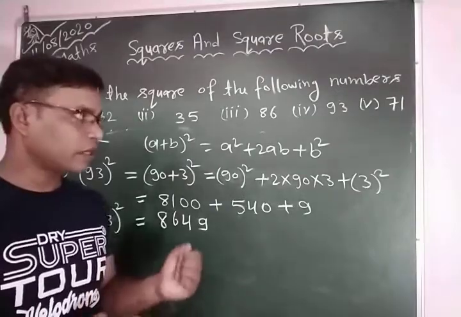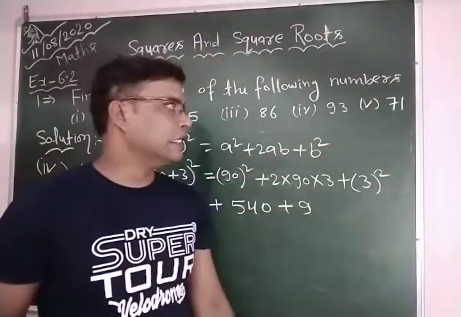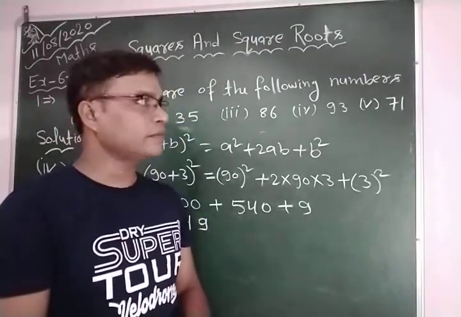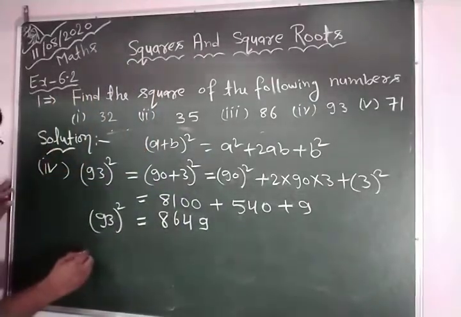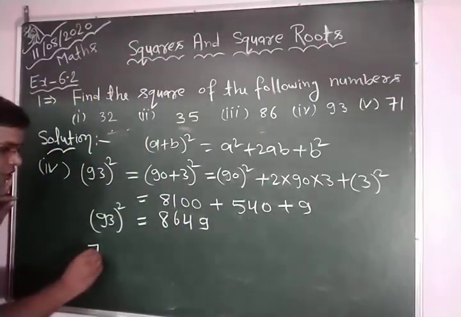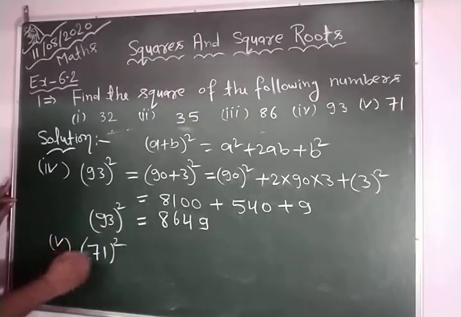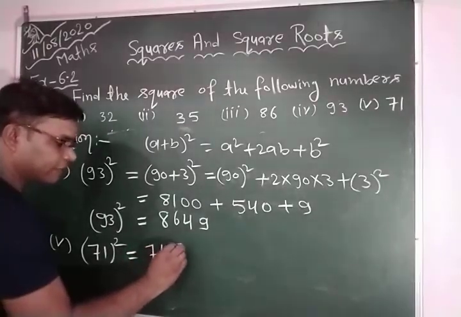Okay. Now the next part, the fifth part, is 71. We find the square of 71. So this is the fifth part. You can write, find it with actual multiplication.